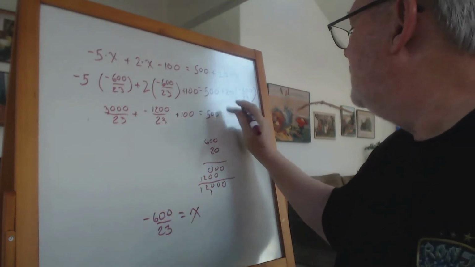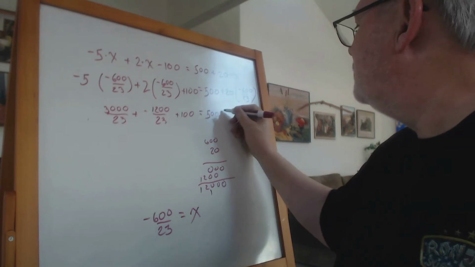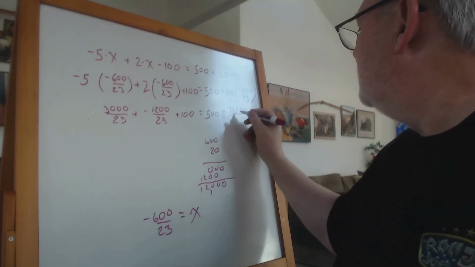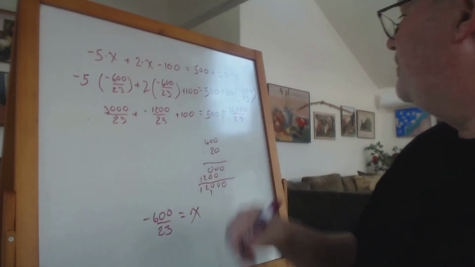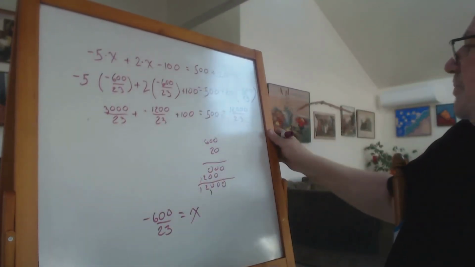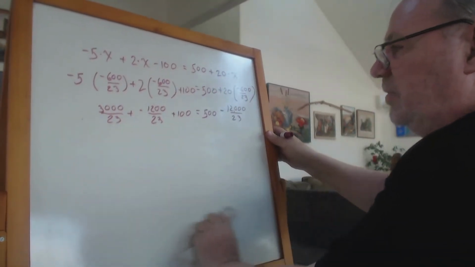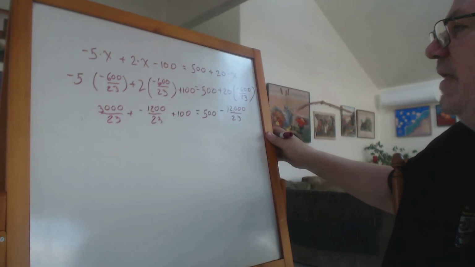So that's minus 12,000 over 23. Okay, now we just got this mess of math.